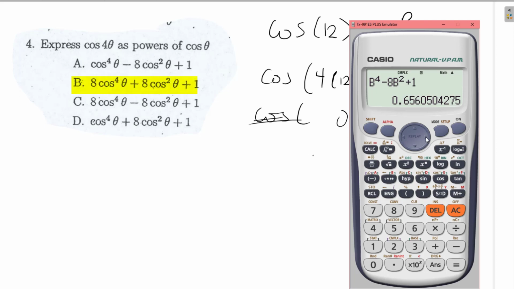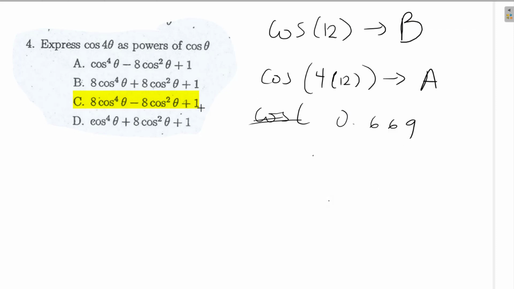So I use left or right to edit my previous input. So option B is 8b raised to the power 4 and then plus 8b squared and then plus 1. This does not give me 0.669, so I go to option C, 8b raised to the power 4 and then minus 8b squared plus 1. This gives me 0.669, so I end here. My answer is option C.